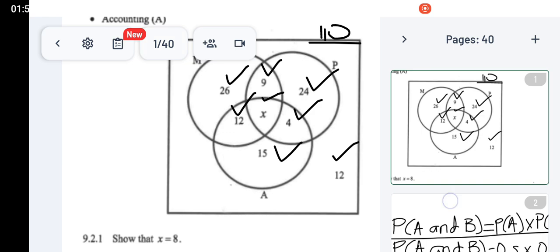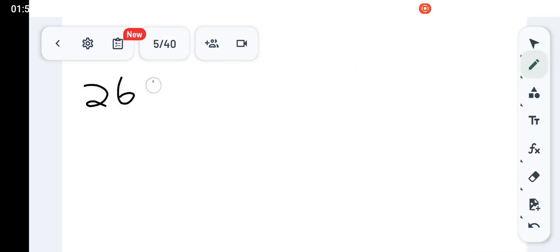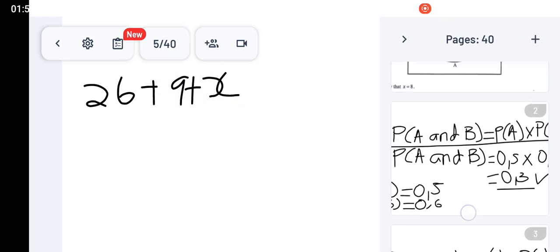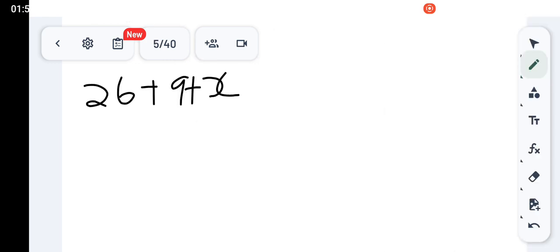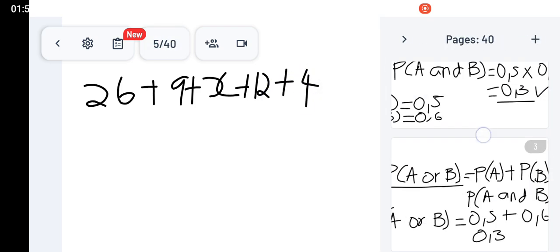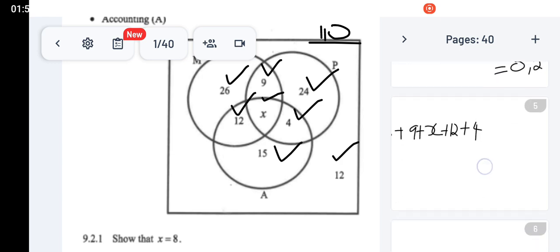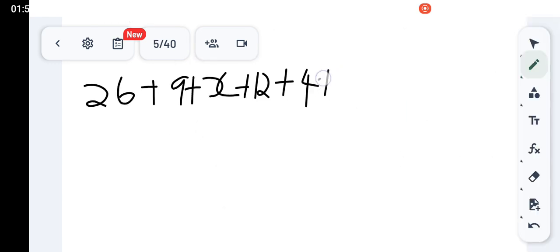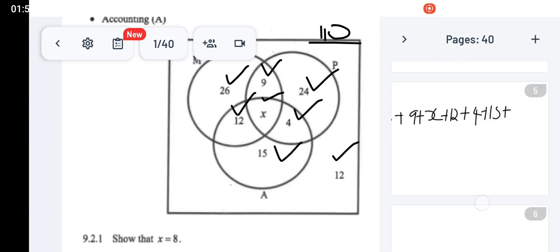So let's do that. 26 plus 9 plus x plus 12 plus 12 plus 4, 15 plus 15 plus 24 plus 12 again.